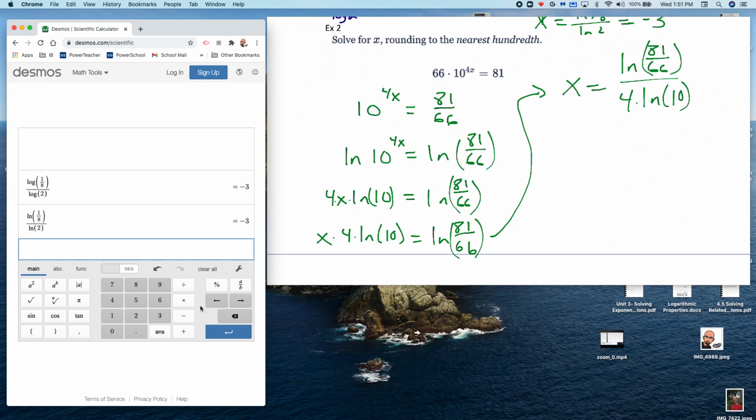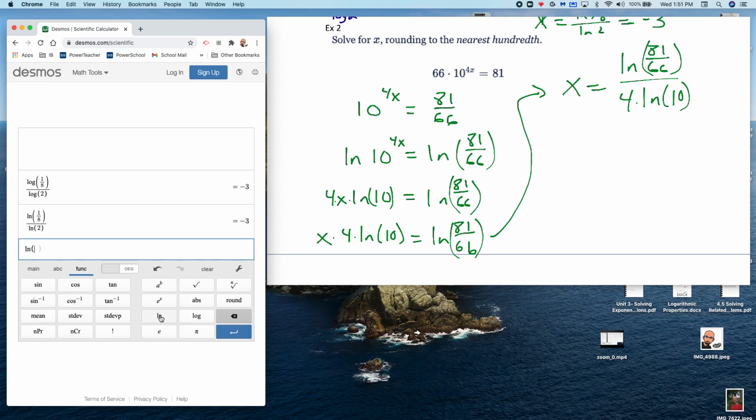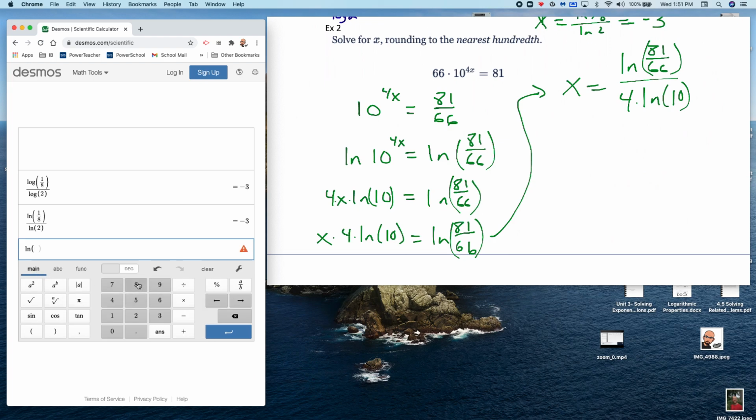If I go over to my calculator, go to function, and do natural log, go back to the main, I do 81 divided by 66, and close that parenthesis. Now I'm going to divide by all the stuff in this denominator.